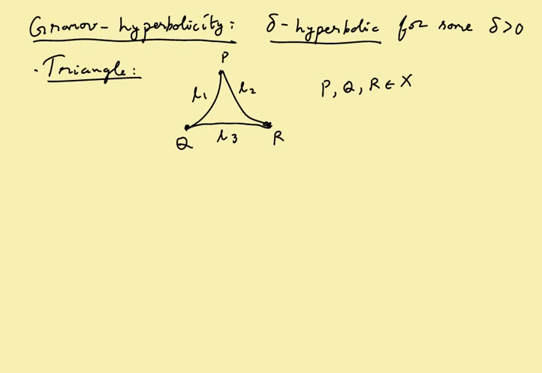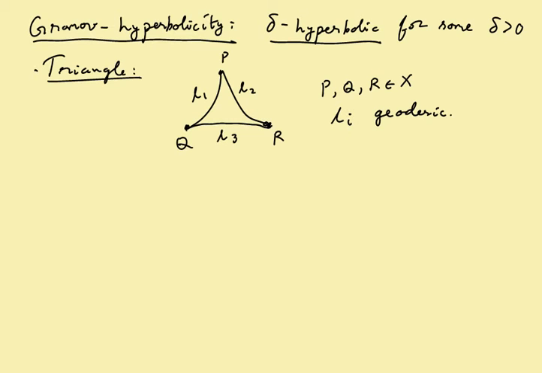But I'm deliberately not calling them PQ, QR and PR because the Li are geodesics, because there is no assumption that the geodesic is unique. So a geodesic metric space is one where geodesics exist. So we're looking at triangles in a geodesic metric space. We can look at triangles even in the general situation, but there should be a lot of geodesics for these conditions to be useful.